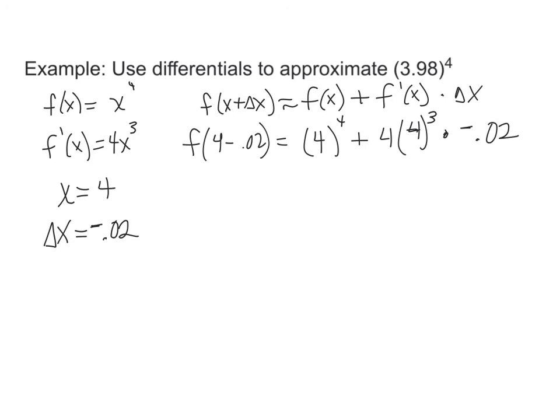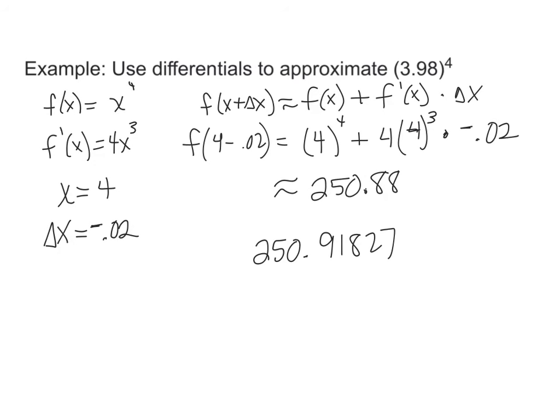When we put that in our calculator, we're going to get approximately 250.88 using this method. If we just put it in our calculator, you get 250.91827. That's pretty close. That's pretty darn close using a differential.